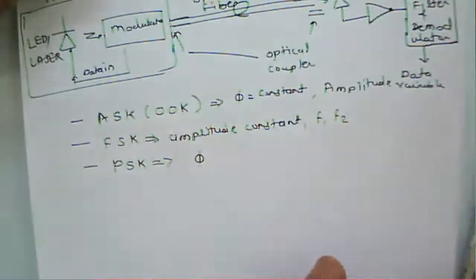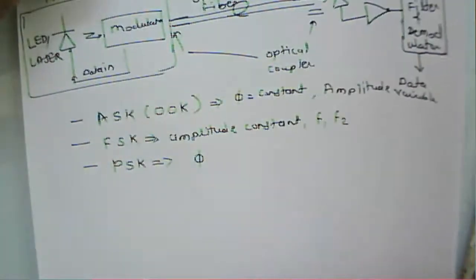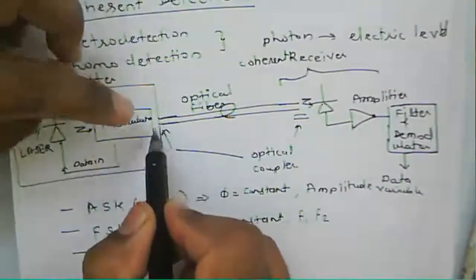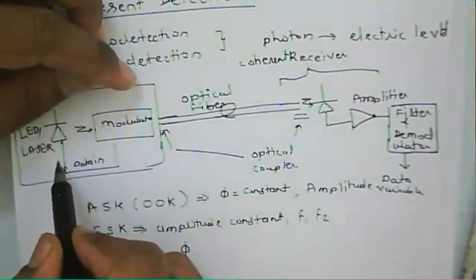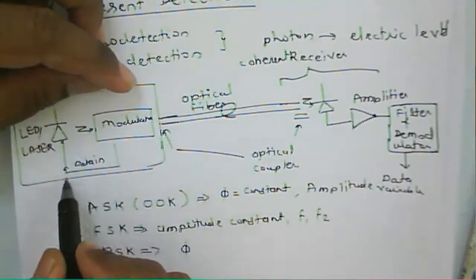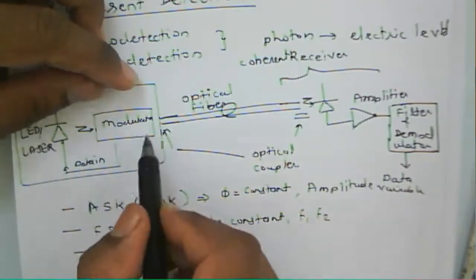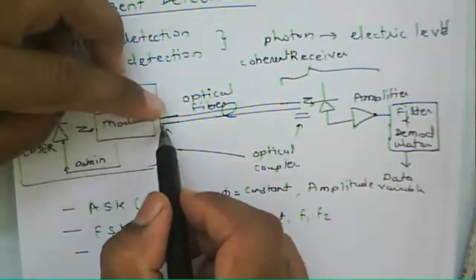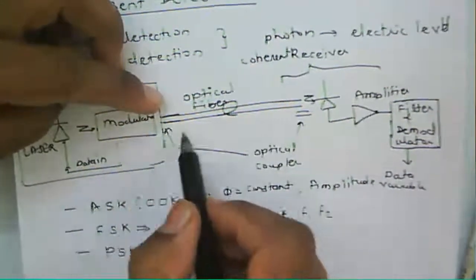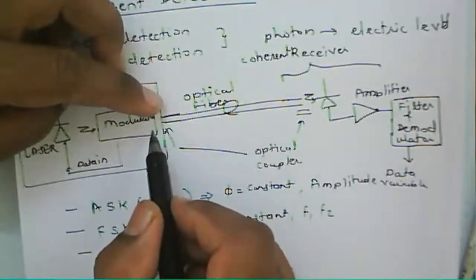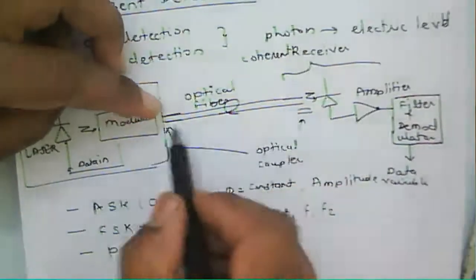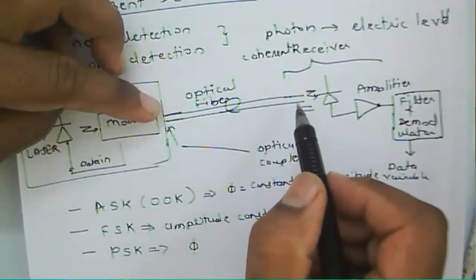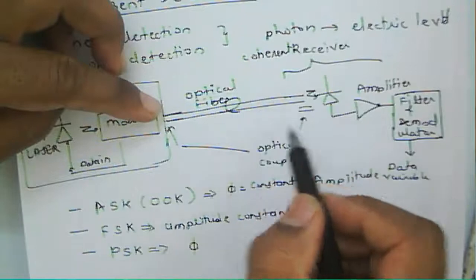So now the detection technique here. We can say that the electrical signal, that data in, will be modulated here, and then we'll get the optical signal, and that optical signal is transmitted through the optical fiber, and then it will be detected at the detector.